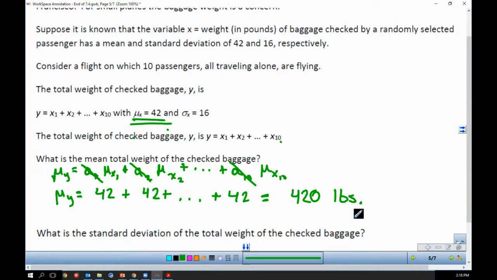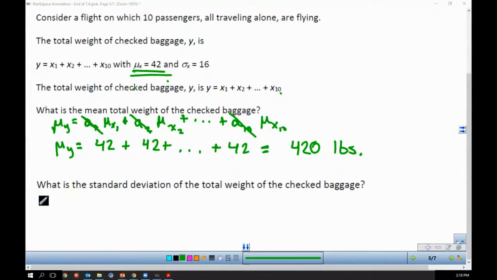Then they ask us for the standard deviation on the top of page 12. So since everything's independent here, we can use the formula that we learned. So for the standard deviation, first, they give it to us in terms of variance.